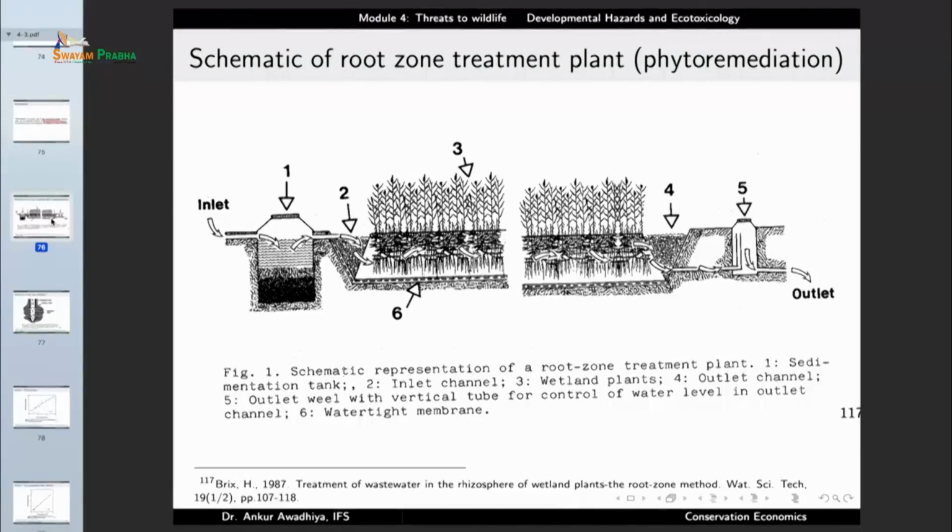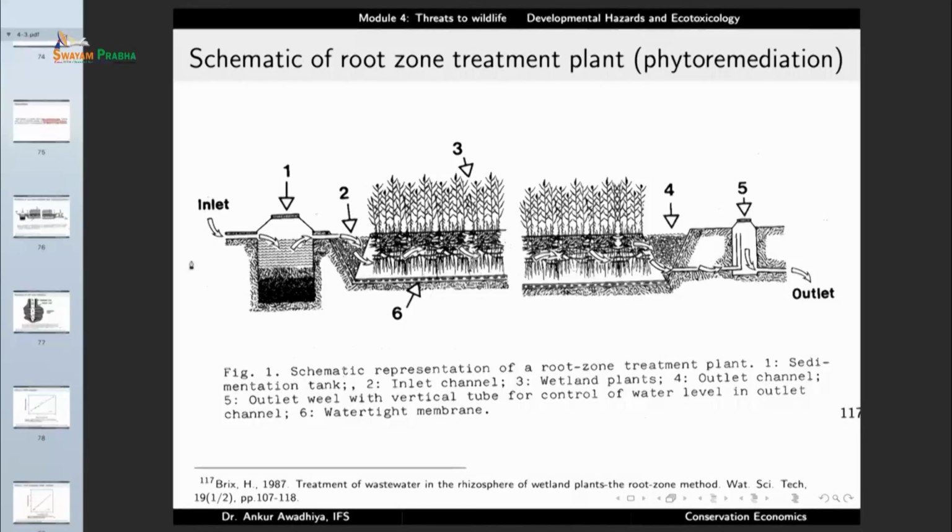Another example is phytoremediation, in which case we make use of those plants that can treat the pollutants. So a good example is the treatment of municipal waste.